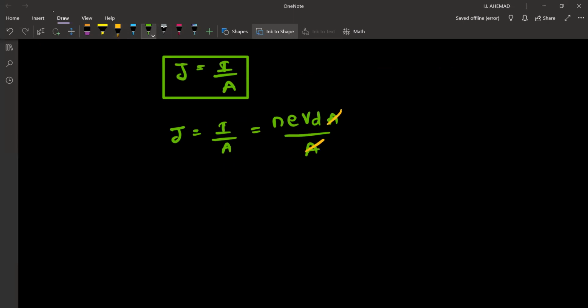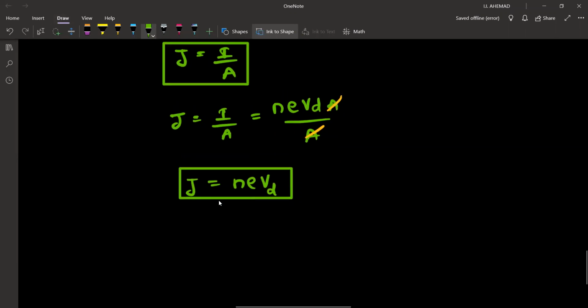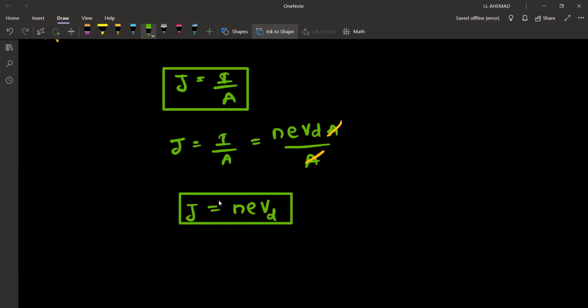Now we have a new equation for J: J is equal to NEVD. Under electricity, we won't be using this current density anywhere. You only want to know what is current density. You will understand in a minute why we need to know about it.